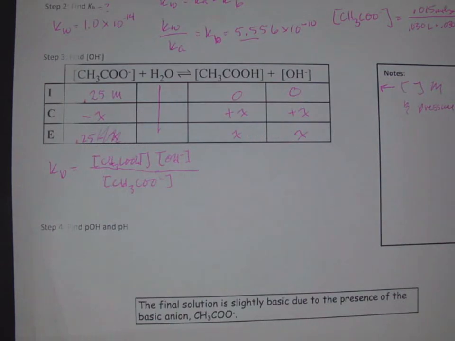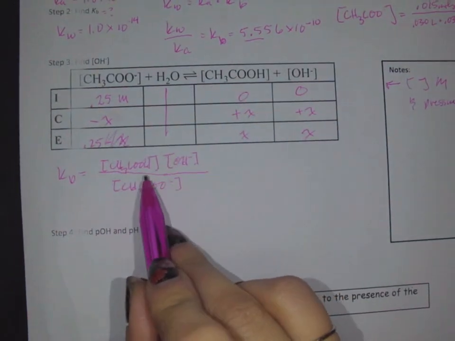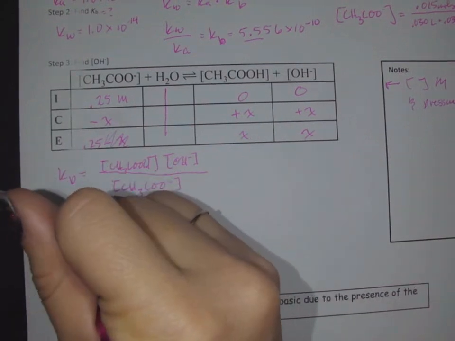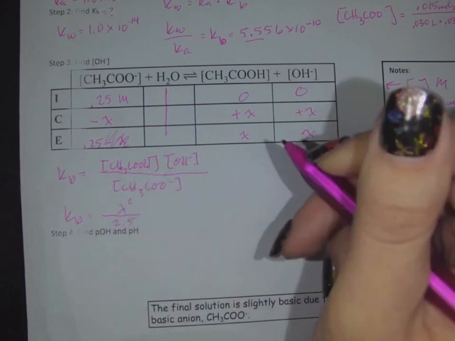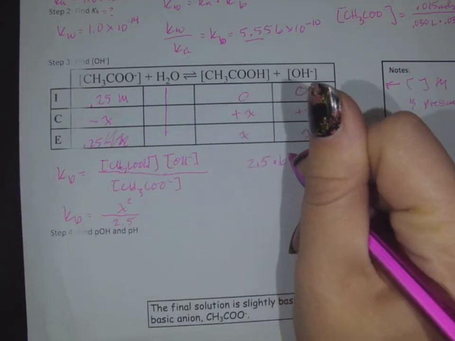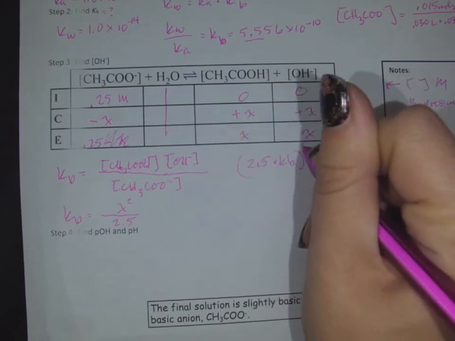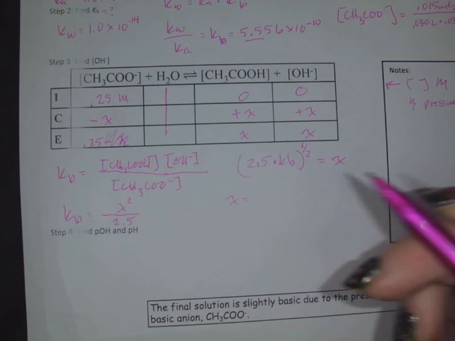Okay. Now, this is the same as x, x, and then 0.25. So Kb is equal to x squared over 0.25. So 0.25 times Kb, square root, is equal to x.